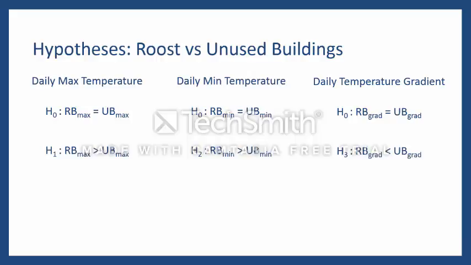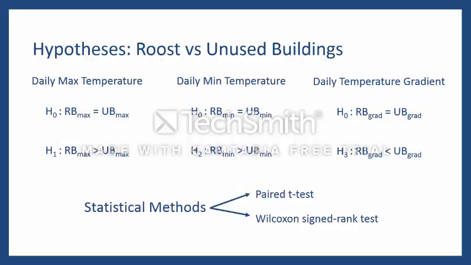For my alternatives, I have that roost buildings are warmer, that the maximum and minimum temperatures are both warmer than in unused buildings. And then regarding the temperature gradient, I am predicting that the gradient within a roost building will be smaller than in an unused building. And again, I used a paired t-test and the Wilcoxon signed rank test.